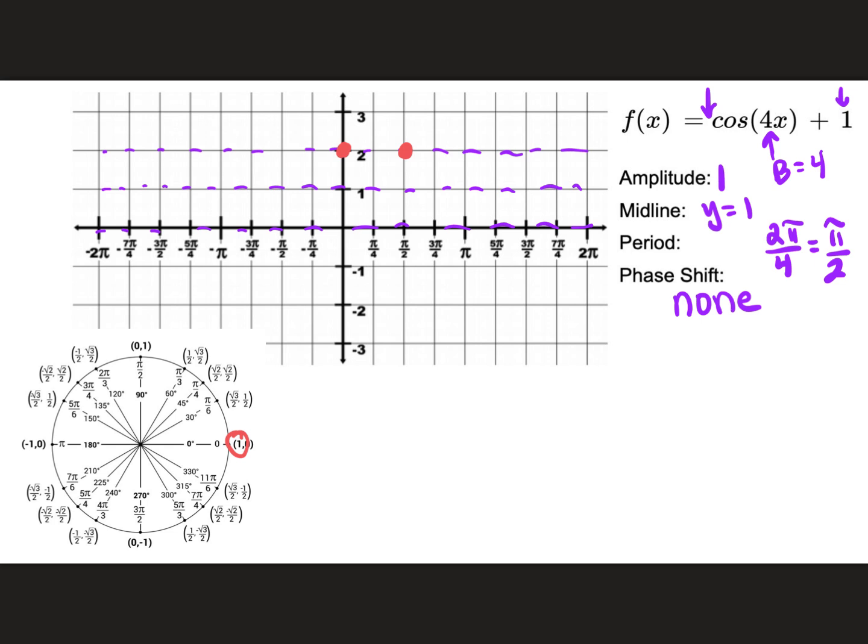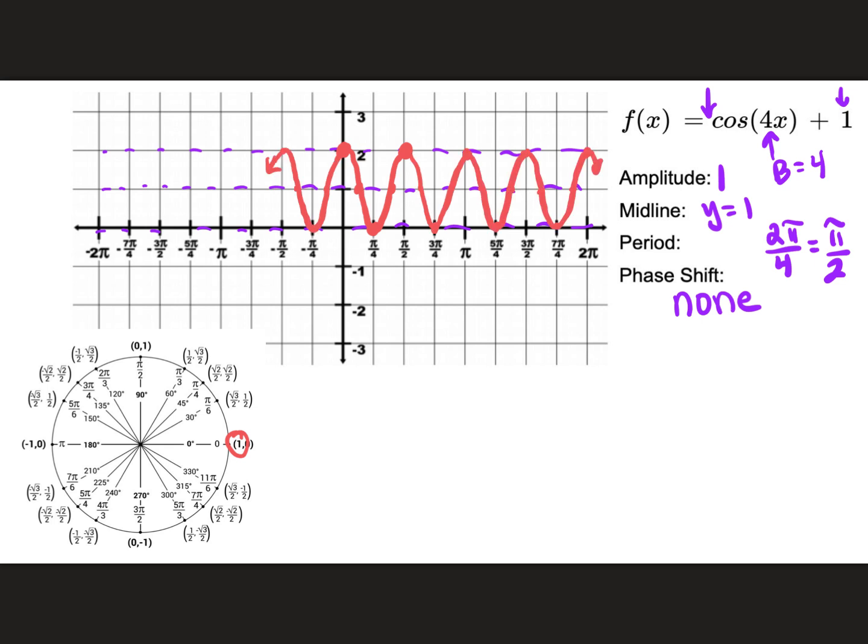So if we think about the shape of it, halfway between those two maximums, there's going to have to be a minimum. And halfway between a maximum and a minimum, it's going to have to hit that midline. There's your 1 period. I'm going to draw a couple more.